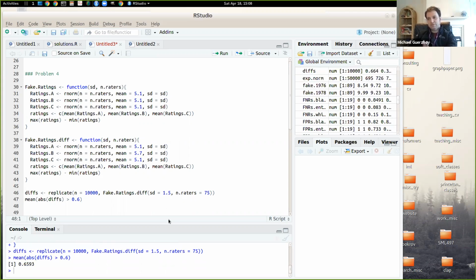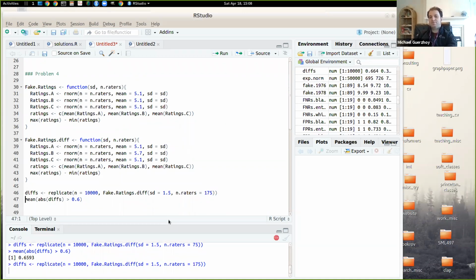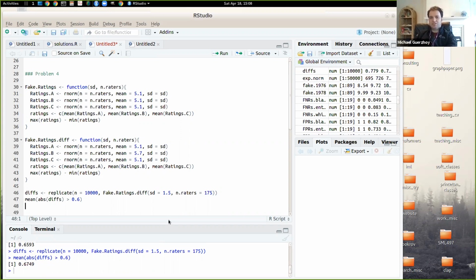And I see that 65% of the time, I'll observe a difference that's 0.6 or larger. So this is not amazing, but it is what it is. If I increase the number of raters, it's not going to be that much better. So that's going to be 67. That means that if the genuine range is 0.6, then I'll be able to reject the null hypothesis that all the wines are the same 67% of the time.